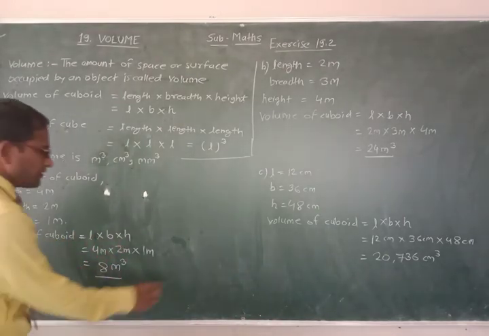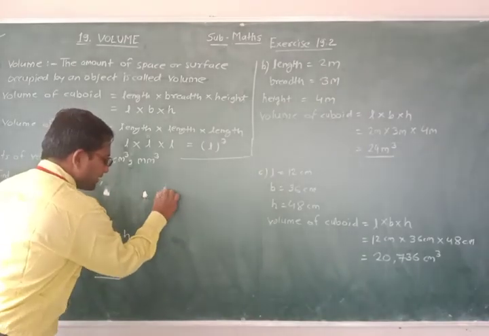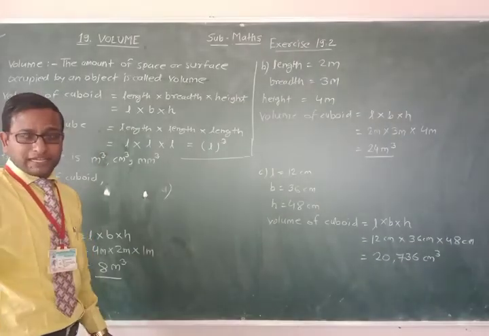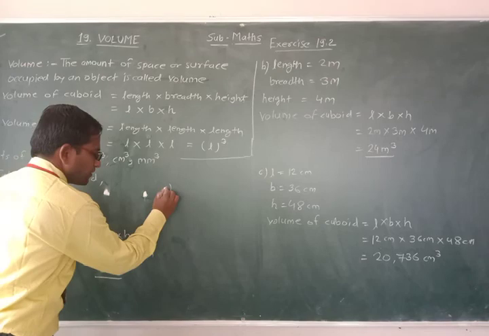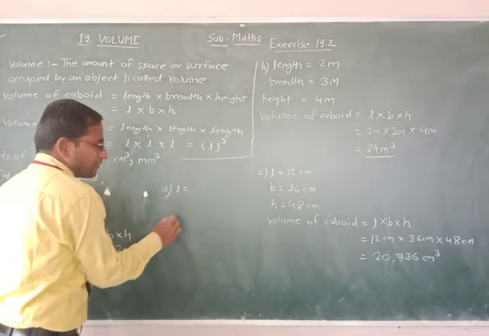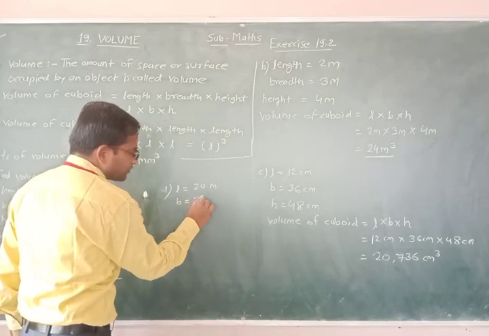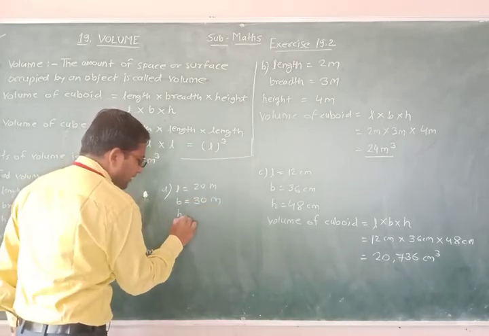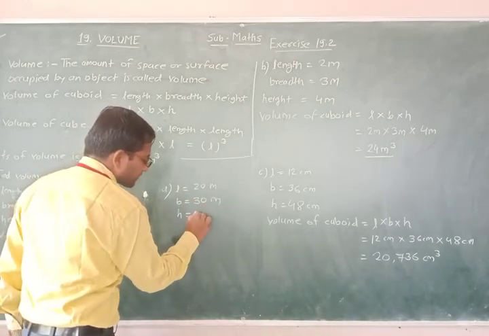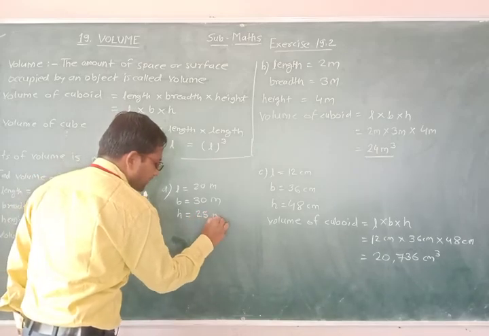I am giving two examples, so you do it. In the textbook only three examples are given. You solve these. Length is equal to 20 meter, breadth is equal to 30 meter, and height is equal to 25 meter.